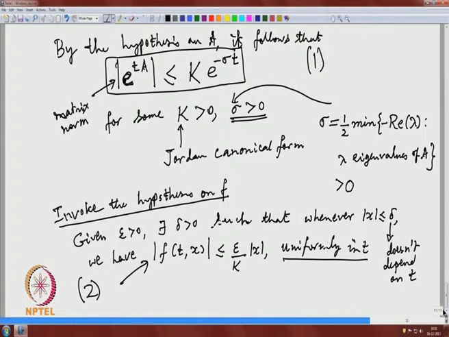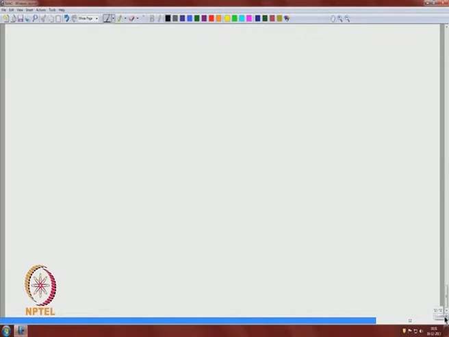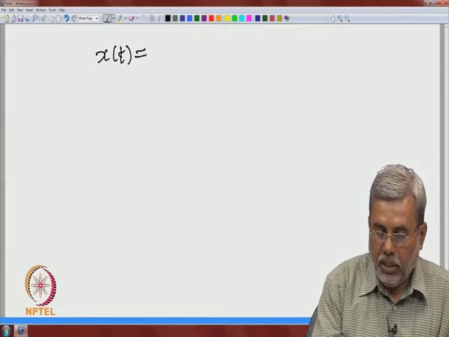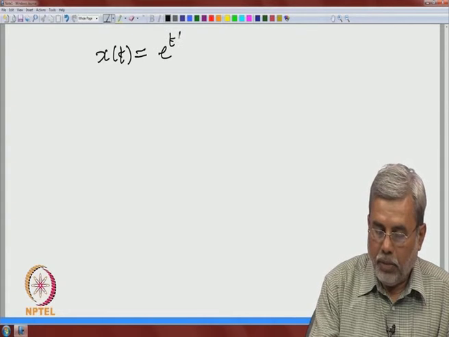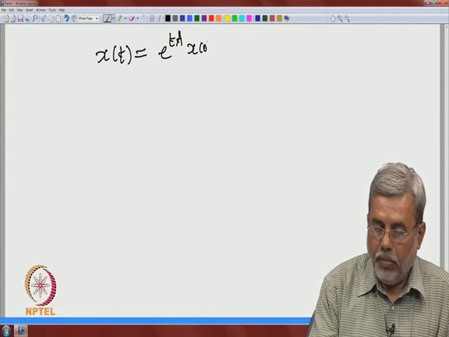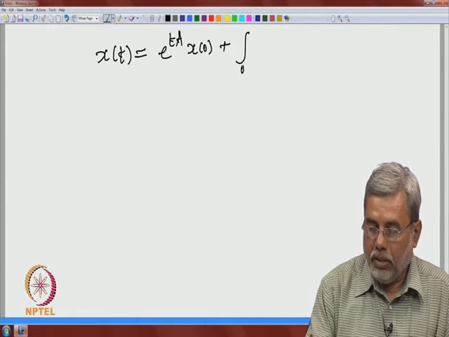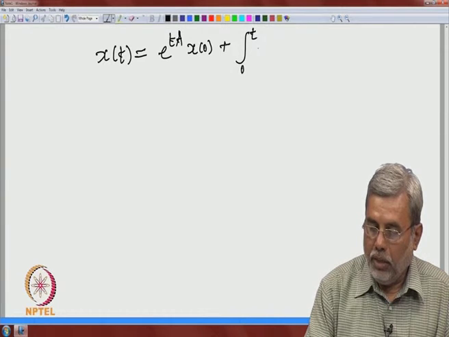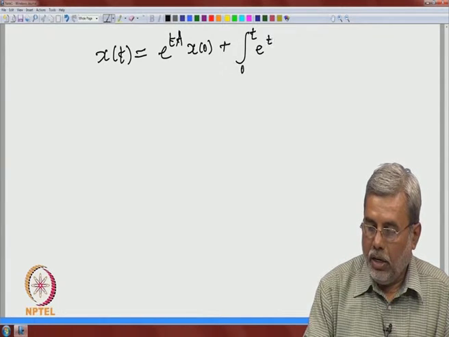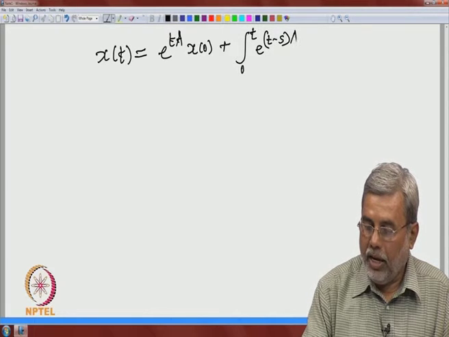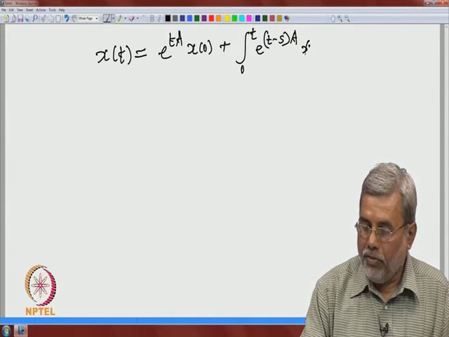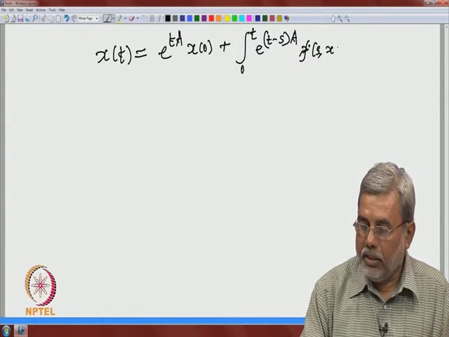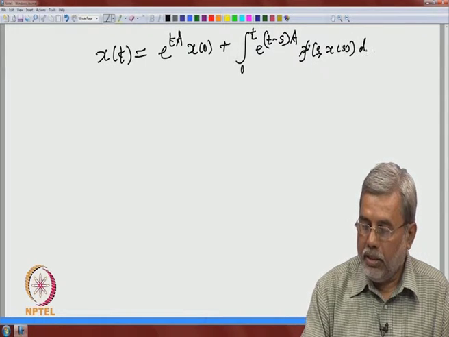So, again go back to this. Remember this solution satisfies this integral equation: x(t) equals e to the tA x(0) plus the integral from 0 to t of e to the (t minus s)A f(s, x(s)) ds.